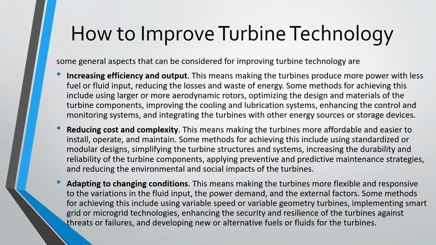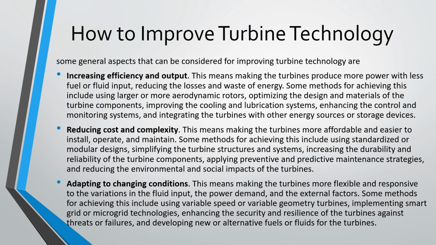Some general aspects that can be considered for improving turbine technology are: increasing efficiency and output. This means making the turbines produce more power with less fuel or fluid input, reducing the losses and waste of energy.